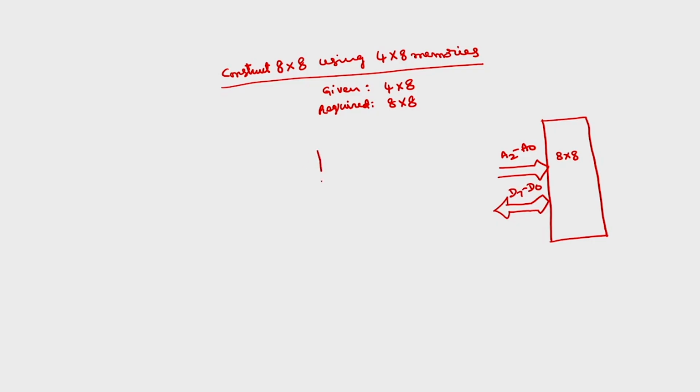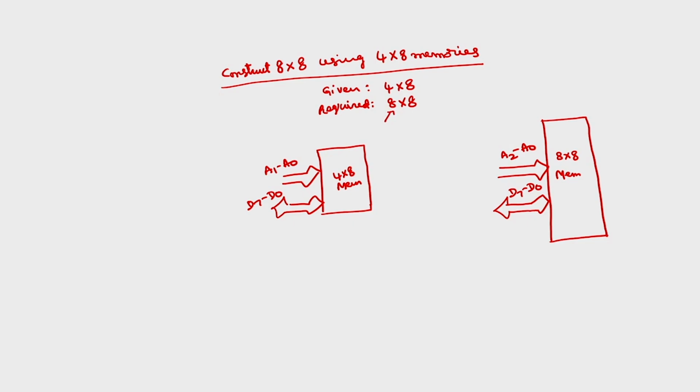And what about 4 by 8? 4 by 8 will have two address lines, simply A1, A0 and 8 data lines, D7 to D0. But how many such memories are required? This 8 is nothing but 4 plus 4.